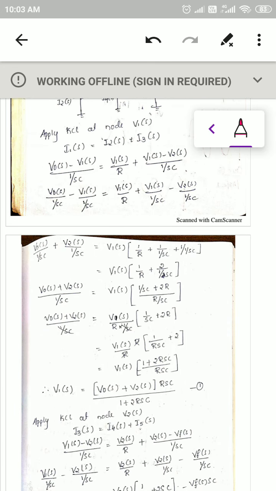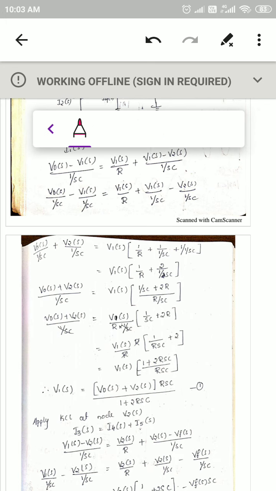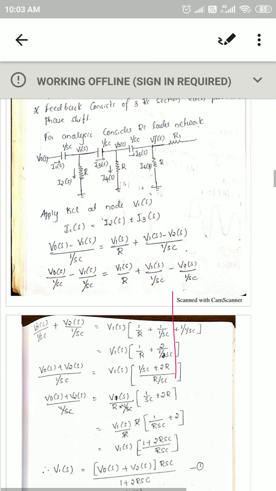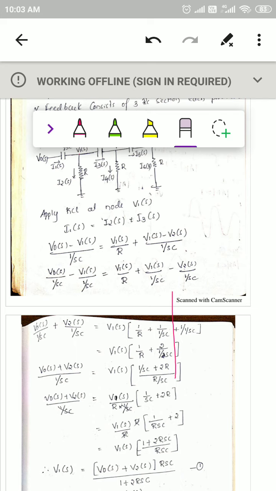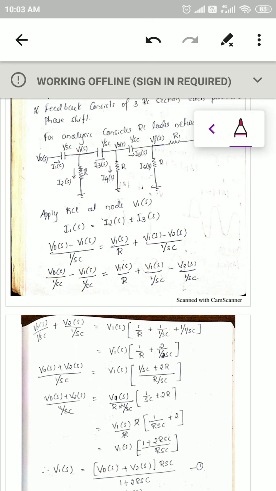From the ladder diagram we have written I1 and I2. To simplify step by step and calculate V1 of S, it is a very simple simplification: just take the similar terms to one side and simplify.